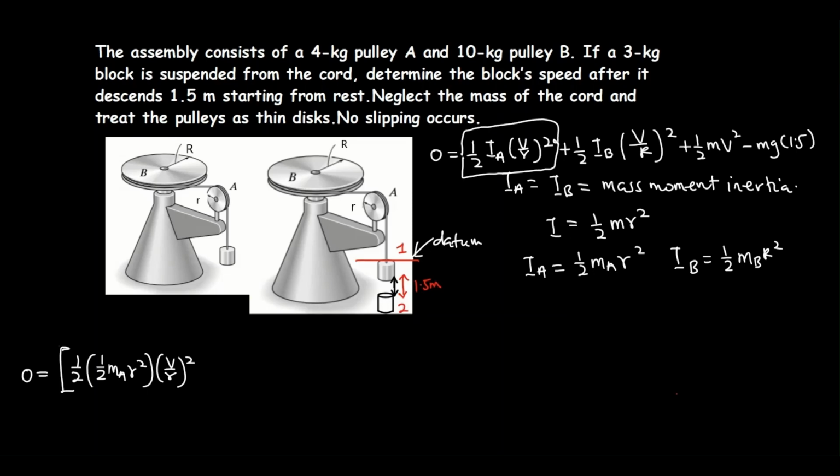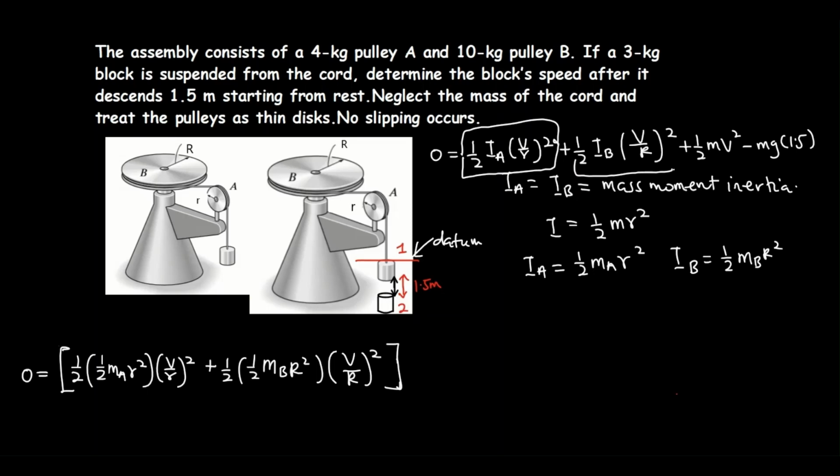So now let's do the same for the second term here. So you're going to have plus 1 over 2 multiplying 1 over 2 MB r squared, multiplying V over R all squared. Let me close the square bracket.